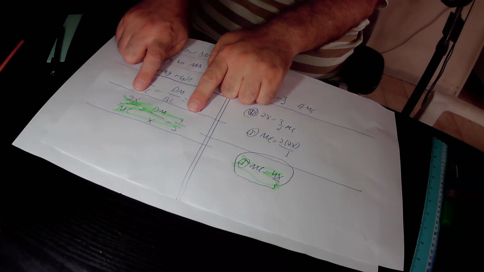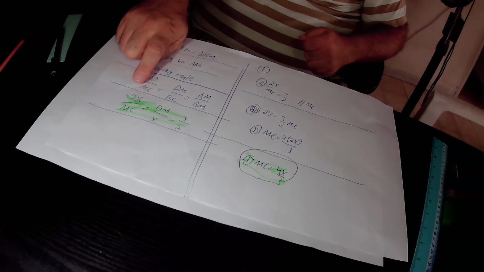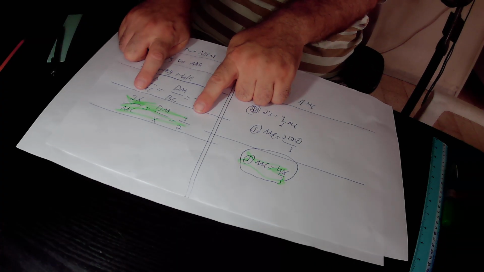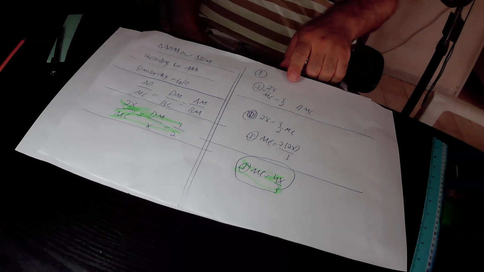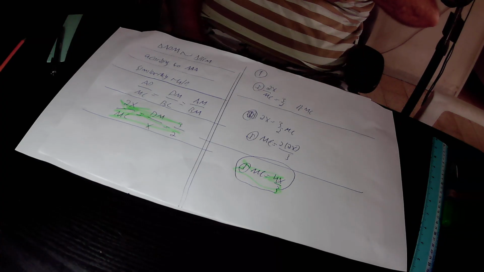Those two expressions are equal to each other, therefore we get equation 1 from them. So according to equation 1, 2x over MC equals 3 halves. Here we multiply this equation by MC and find out that 2x equals 3 halves times MC.